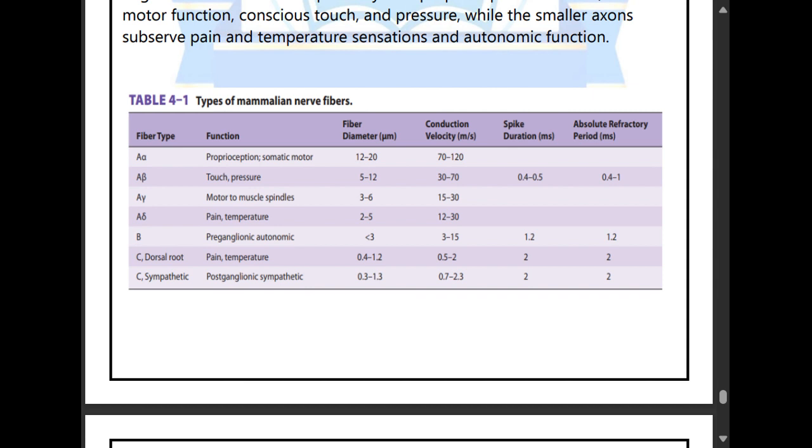And remember that when a fiber has been myelinated, it means it will conduct at a very high speed. Emmanuel, is that okay?